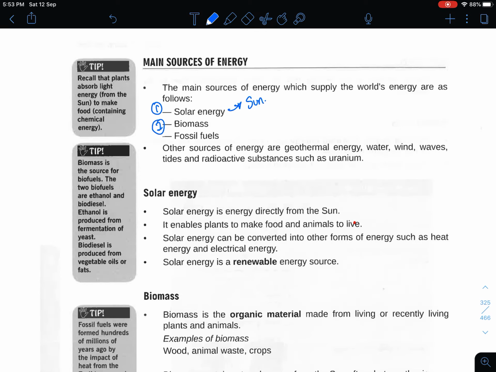And then last but not least, you have fossil fuel. Fossil fuels are obtained like petroleum, where after dead organisms are compressed by large pressure and things like this, it becomes petrol. So that's fossil fuel. Some other sources of energy can also include geothermal energy, wind, water, wave tides, and radioactive substances. So there are a lot of different sources of energy.